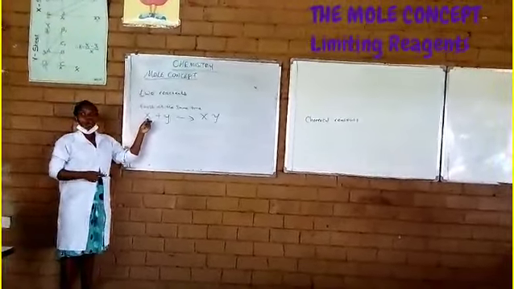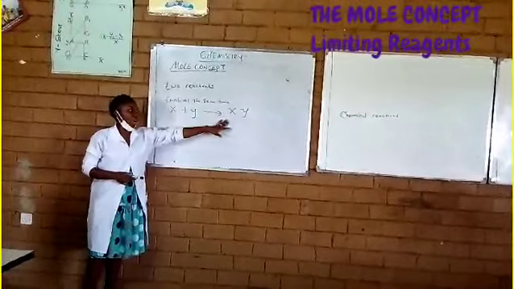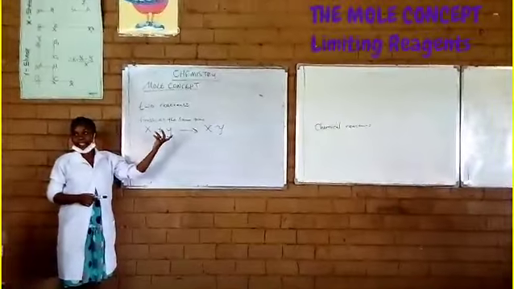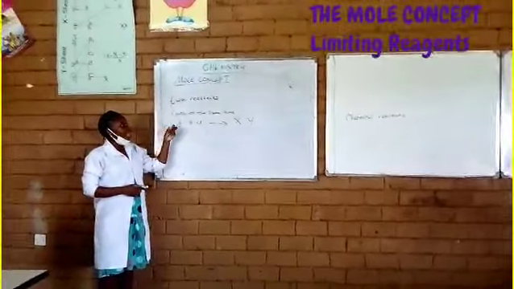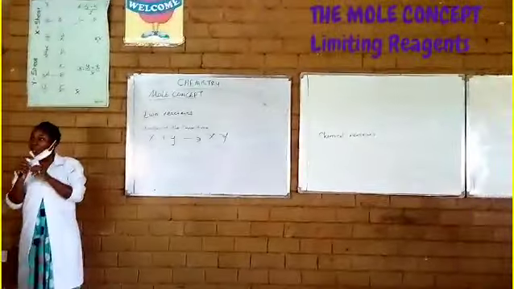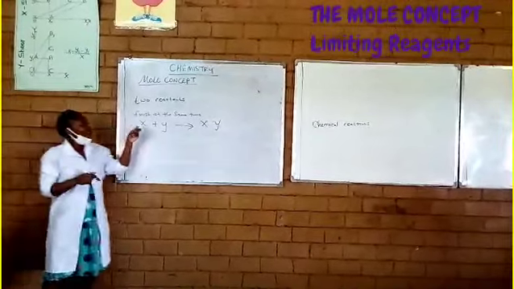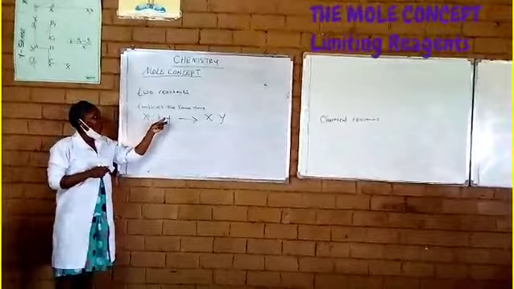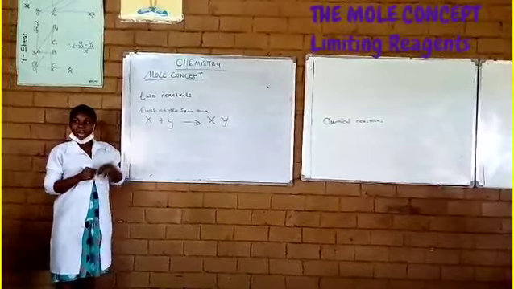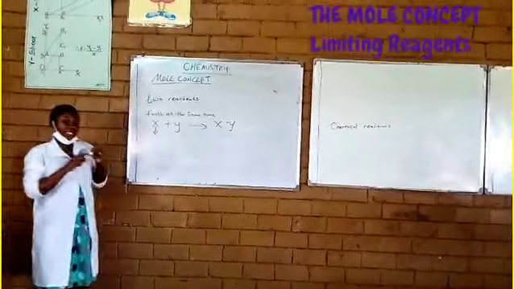This is one reactant and that is another reactant. Then the XY that we have is simply a product, isn't it? Okay, so now these two reactants are not going to deplete or finish at the same time in a chemical reaction. Is that clear?